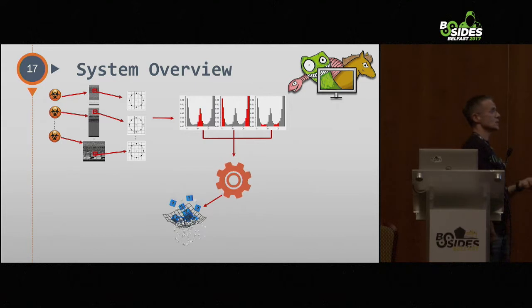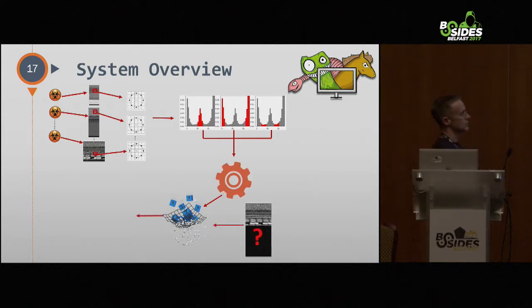So the idea is once we have a model, we can use that to pass in unseen data files, and hopefully classify them into their respective families. We can classify them as some sort of malware, or whether it's benign, whether it's innocent.